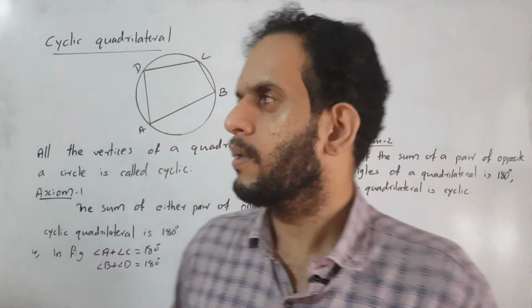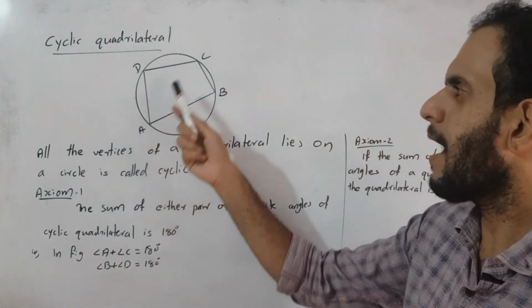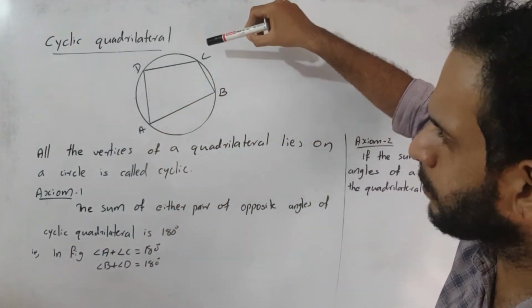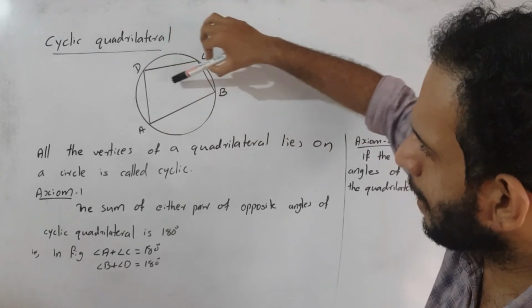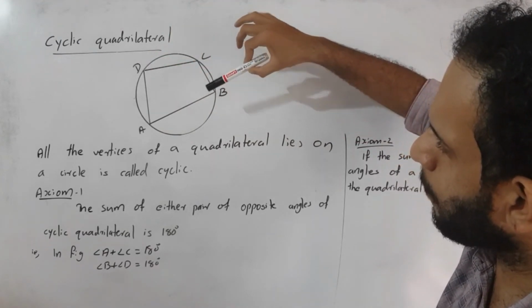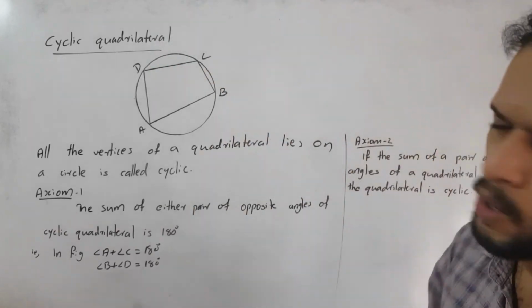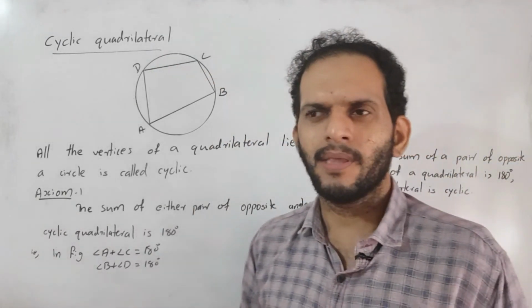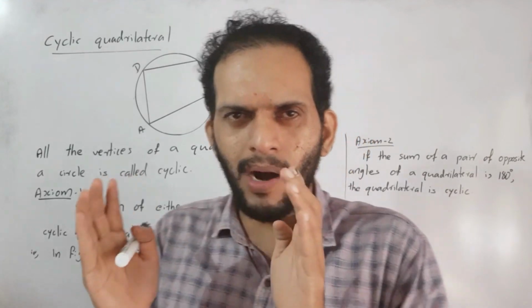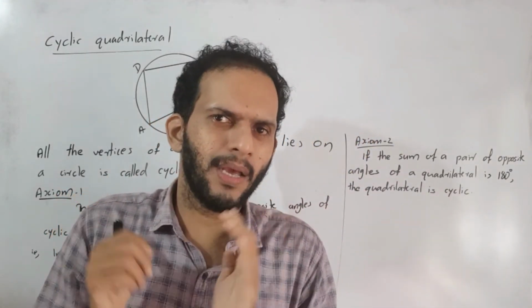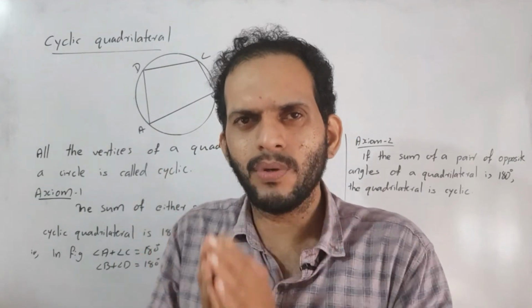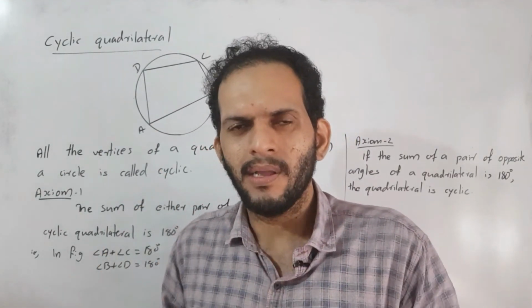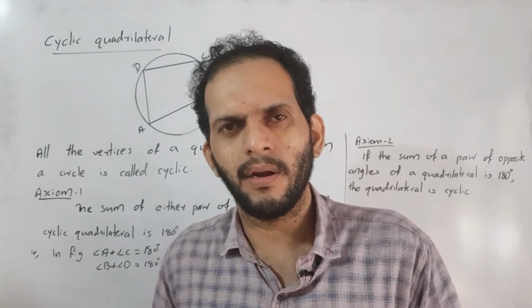Okay, so according to this figure, angle A and angle C are opposite angles, so their sum is equal to 180 degrees. Angle D and angle B are opposite angles, so their sum is equal to 180 degrees. Okay, then if we get a quadrilateral like a cyclic quadrilateral as in this figure, or it is given in the question that it is a cyclic quadrilateral, then it's possible to apply the result.